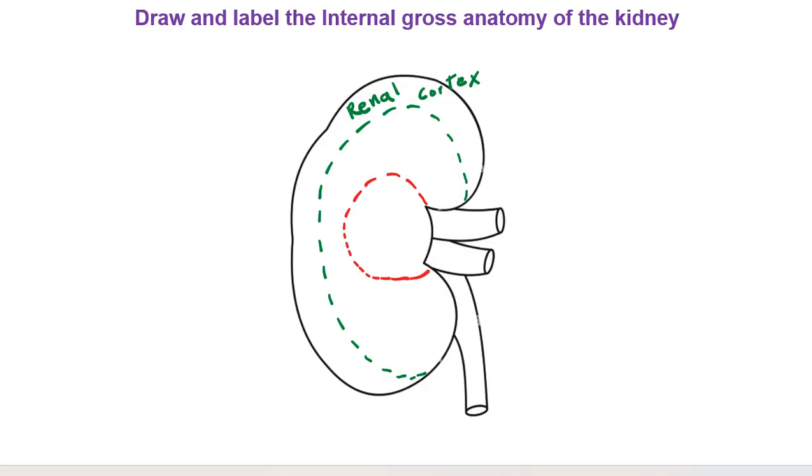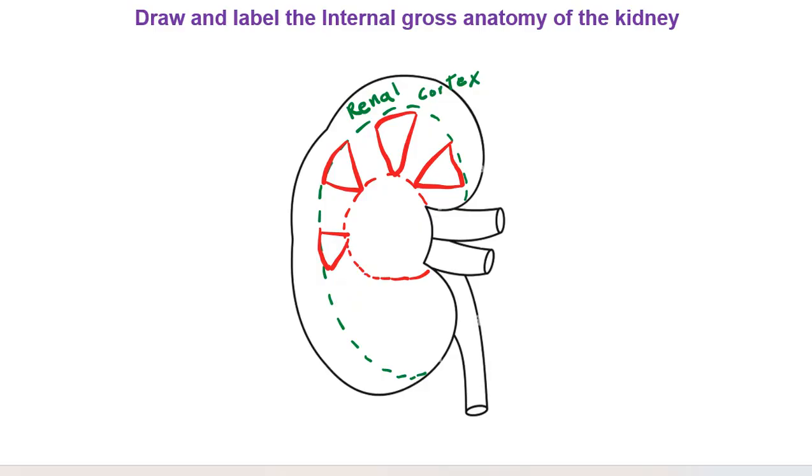In the inner portion, we are going to make some cone-shaped structures, something like that. Around 10 to 15 of these cone-shaped structures are found here in the medulla, and each is called what? Renal pyramid, right? Because these are cone-shaped.